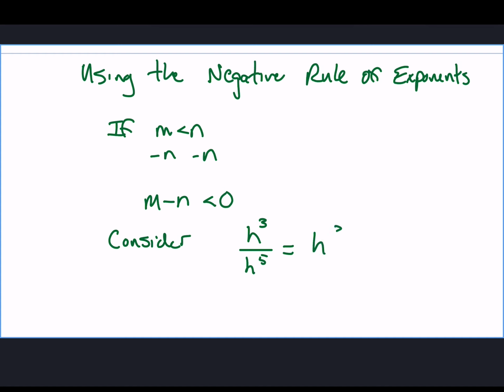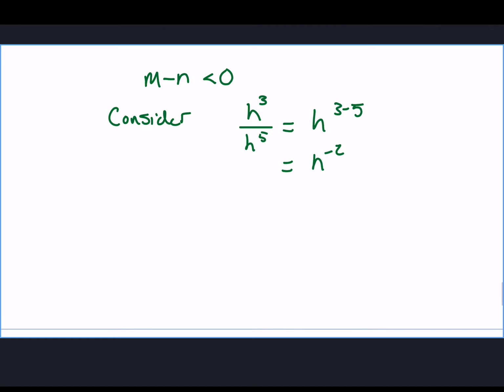So we'll have h to the 3 minus 5, which gives us a negative 2. If the number equals 0, right, after it's simplified? No, not yet. Hold off on that thought. So we'll have h to the negative 2. Now, typically we don't write final answers with negative exponents. Okay, so don't get into a habit of doing that.